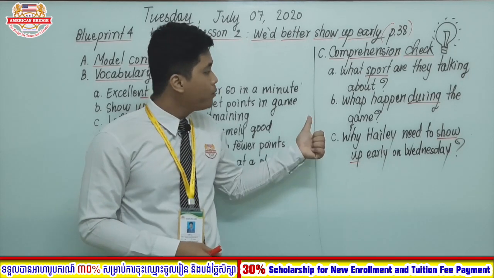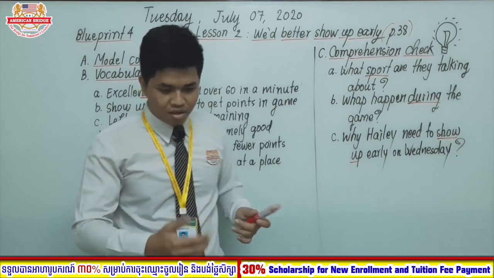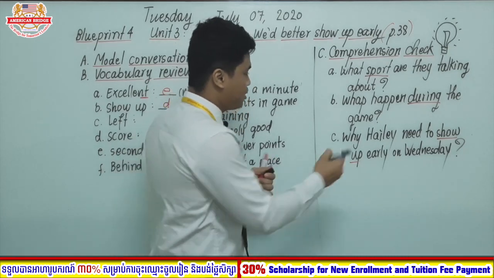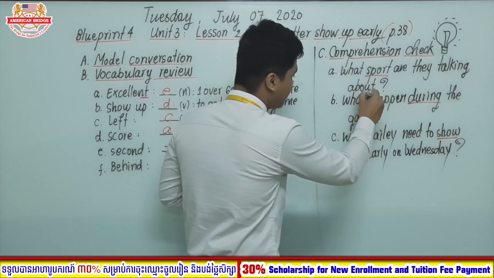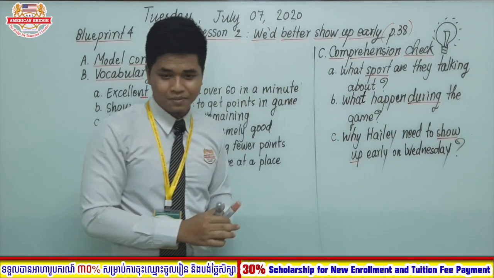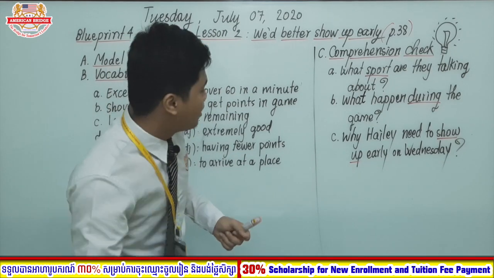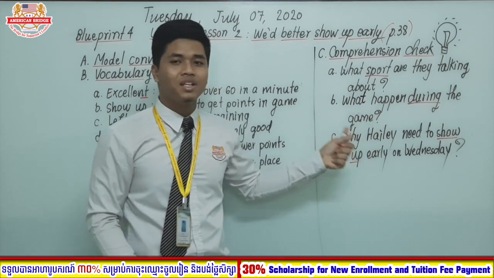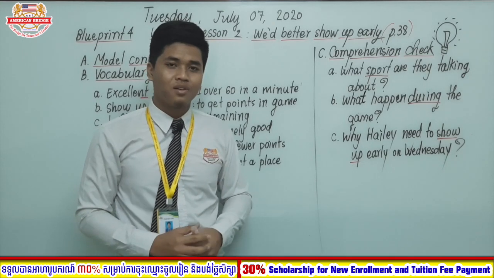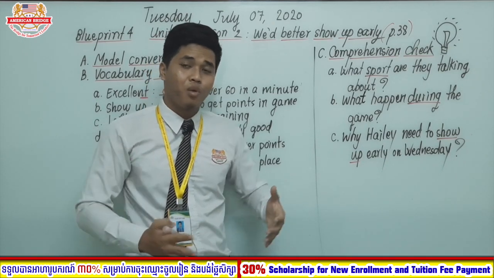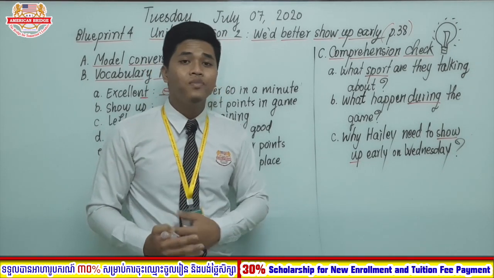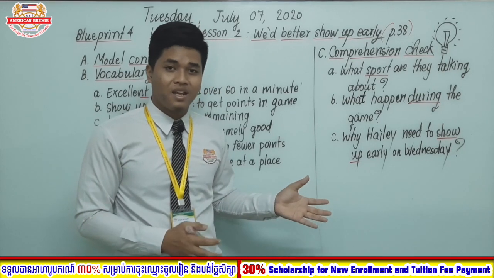And the second one. I'm sorry everyone, it is written like this. What happens during the game? So during the game, the boy's brother's team was behind the other team.